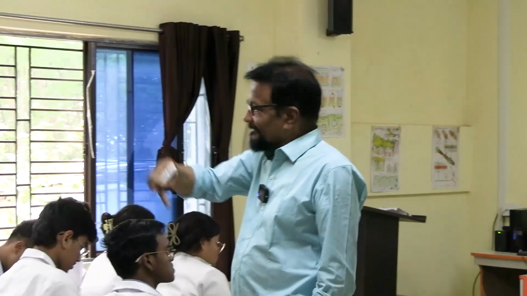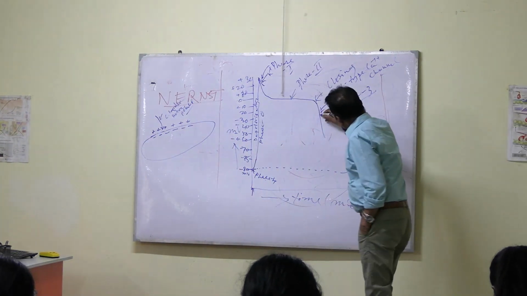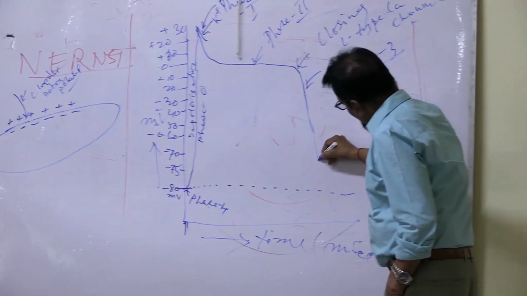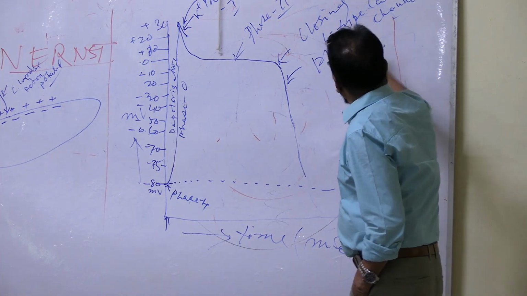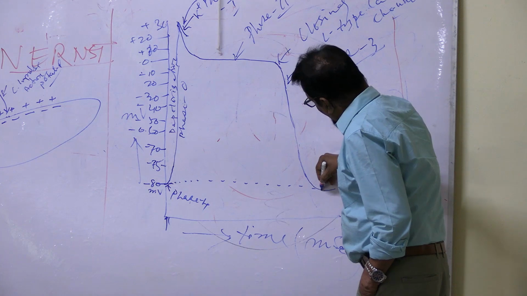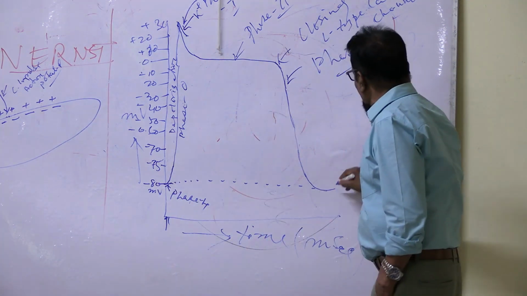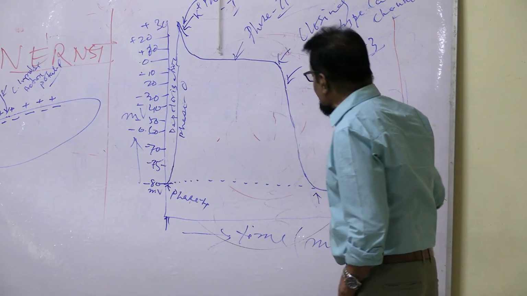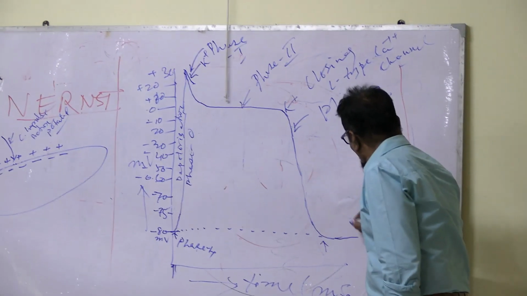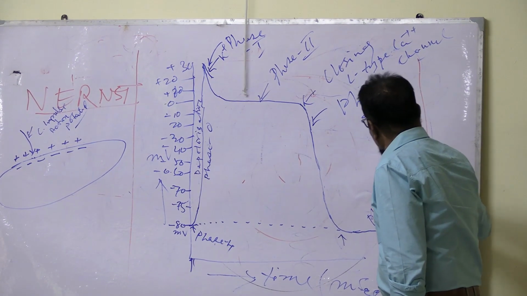But the efflux of potassium ion is continuing. As a result, there is a change towards negativity, so it is coming down. Gradually it slows down and comes back again to the resting membrane potential of minus 80, which means phase 4.